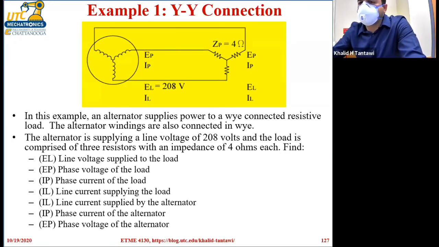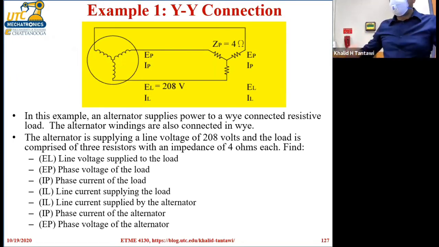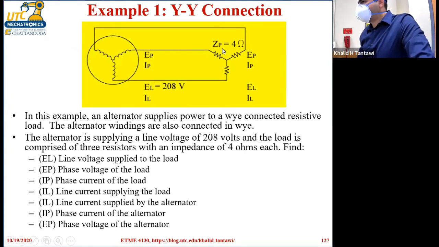Number 2, we're going to assume the load is balanced, and this is also critical. A balanced load means, you see here it says 4 ohms. It means Z per phase. The impedance per phase is 4 ohms. In other words, 4 ohms over here, and 4 ohms over here, and 4 ohms over there. Each one of them is 4 ohms.